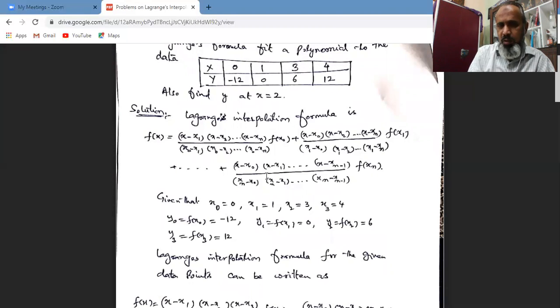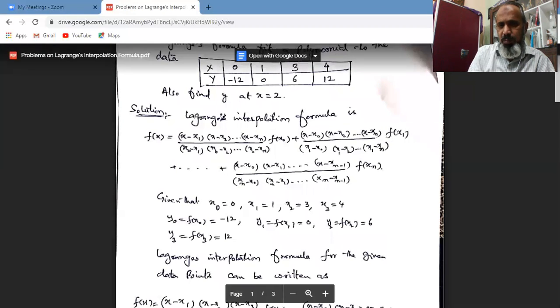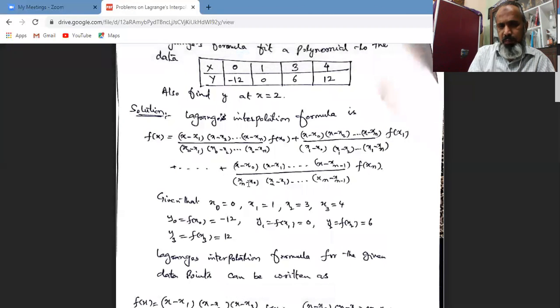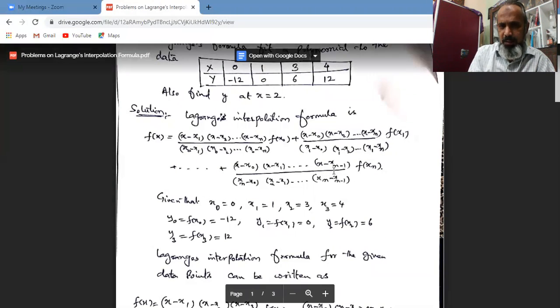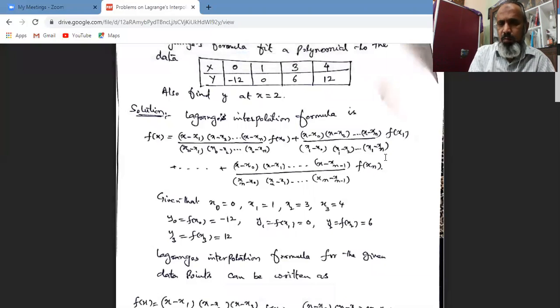In the numerator, we should not write the factor x minus xn, divided by all the values of x subtracted from xn: xn minus x naught, xn minus x1, and so on up to xn minus 1, into f of xn. So this is nothing but Lagrange's interpolating polynomial or Lagrange's interpolation formula for n plus 1 values of x.